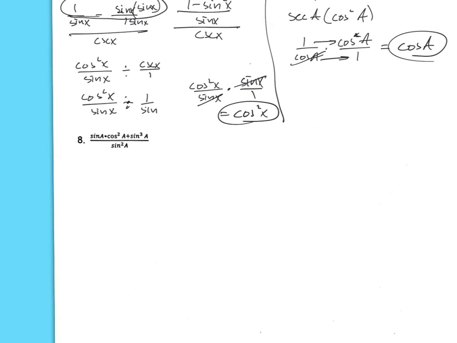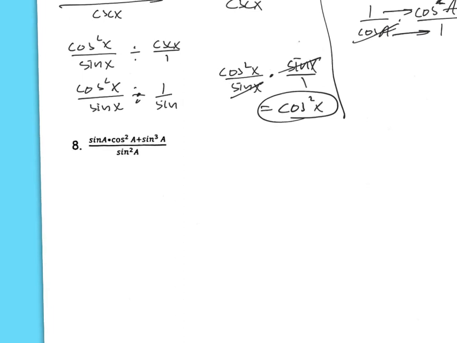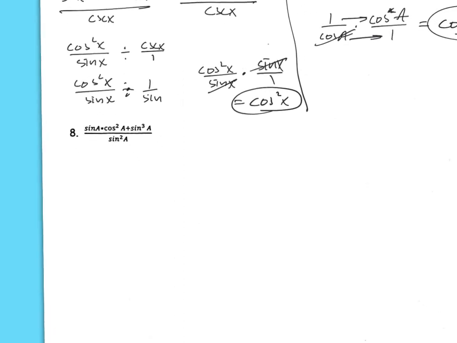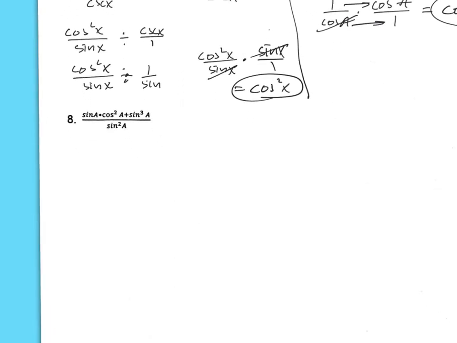So for number 8, let's take a look at this. The numerator, remember, this is algebra with the trig words. They have the word sine in common. So that's coming out. So we're left with cosine squared plus, well, if there's sine to the third, we took one out.